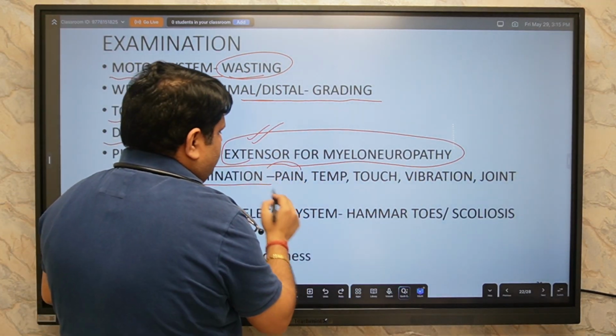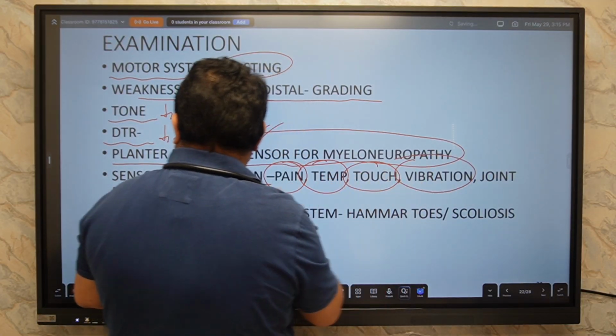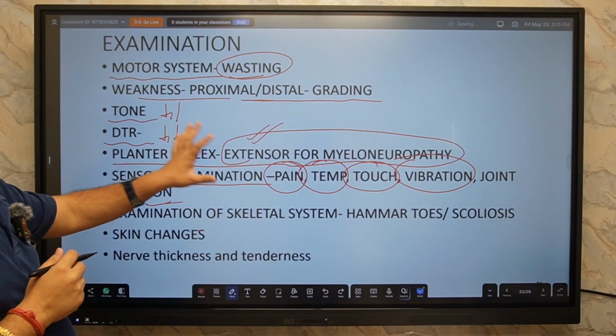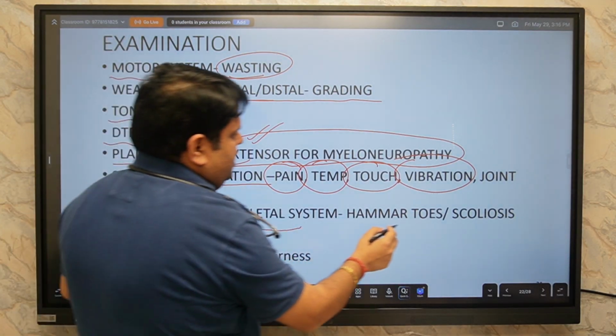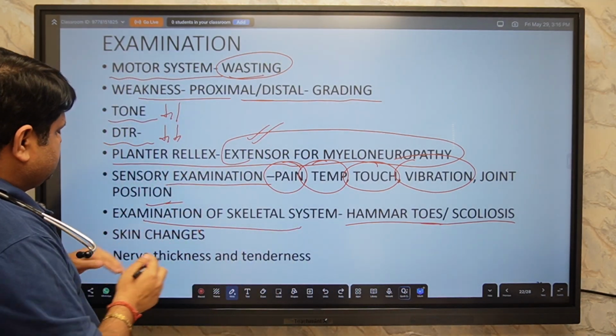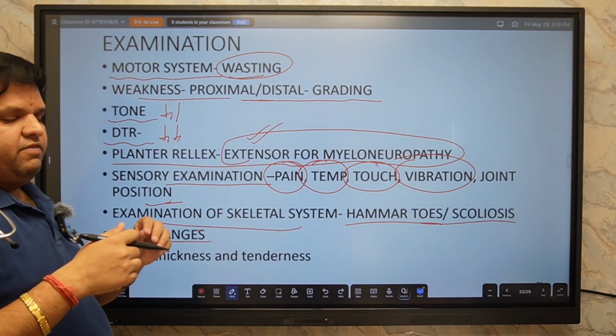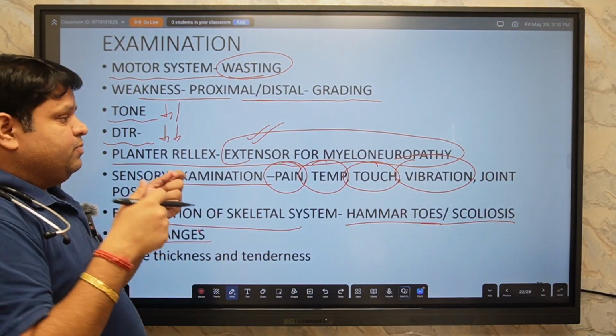Sensory examination should be done in detail: pain, temperature, touch, vibration, joint position sense. A detailed sensory examination is important for neuropathy. Examination of the skeletal system, like high arch foot, scoliosis or any deformity. Then skin changes, which may be seen in various types of neuropathy like leprosy, some cases of hypothyroid neuropathy, and diabetic neuropathy.